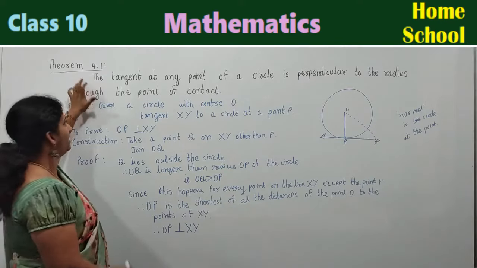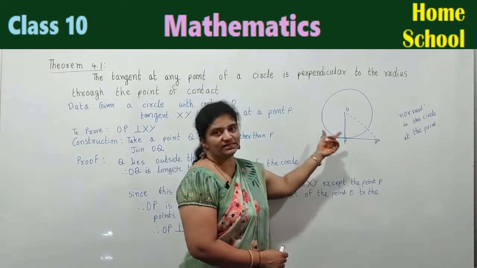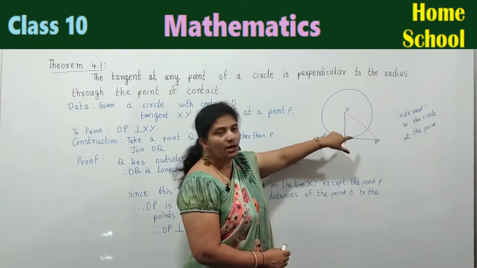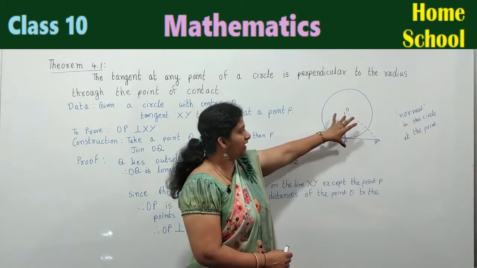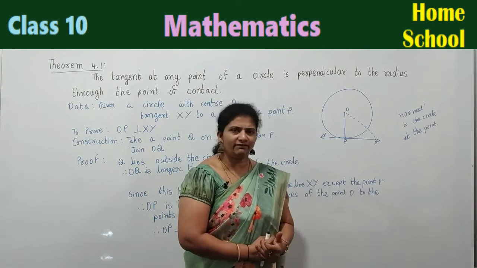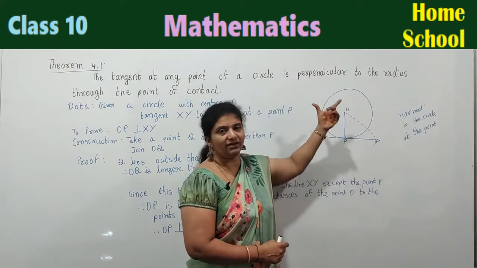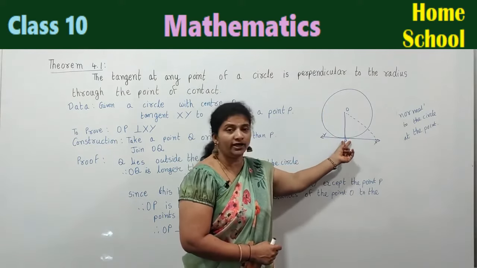Theorem 4.1. The tangent at any point of a circle is perpendicular to the radius through the point of contact. What did they give in the statement? They have given us a tangent, a circle, and a point of contact.